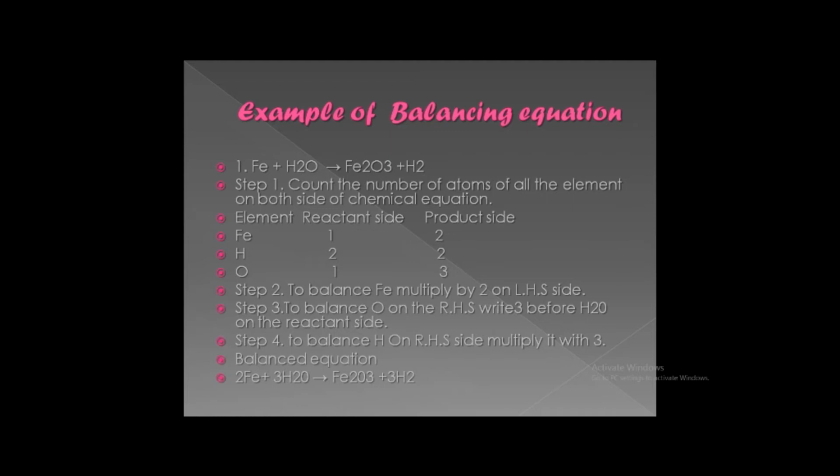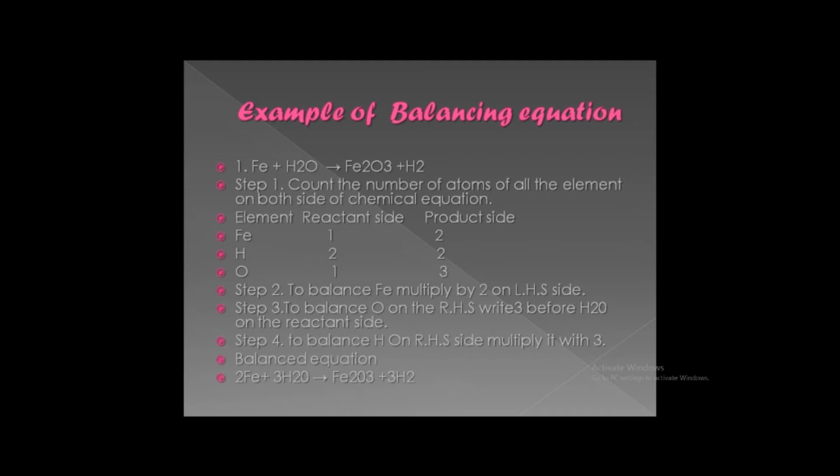Your hydrogen will become 6, your oxygen will become 3. So oxygen will be balanced on the reactant side, but your hydrogen number on the reactant side has exceeded from 2 to 6. Now, fourth step, we have to balance hydrogen on the product side.